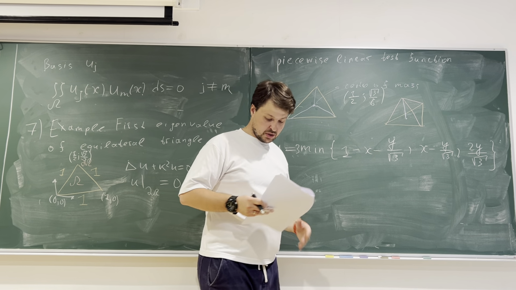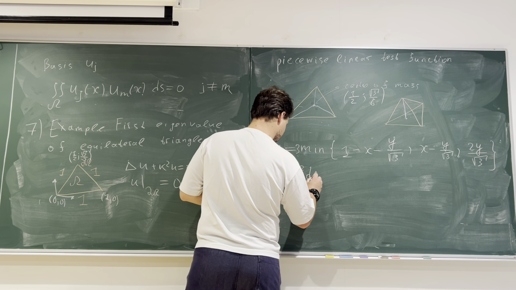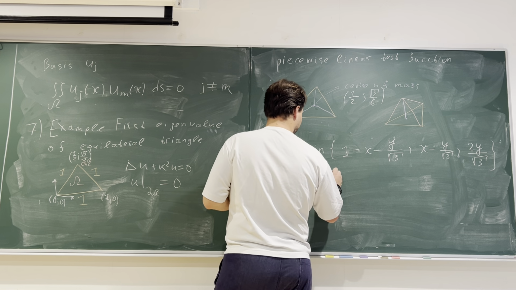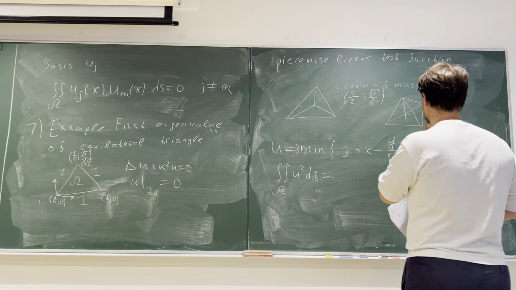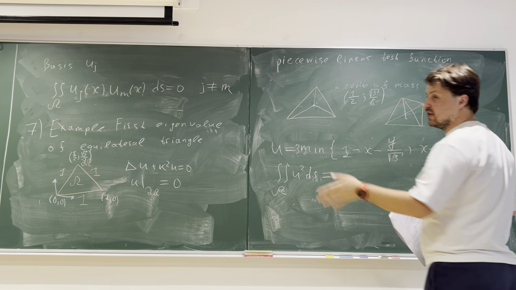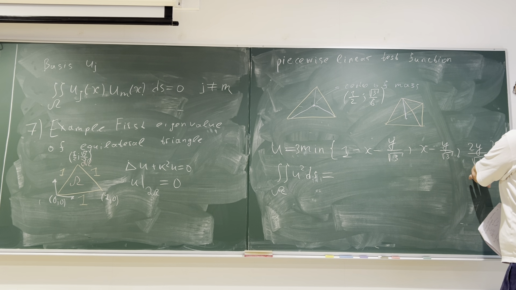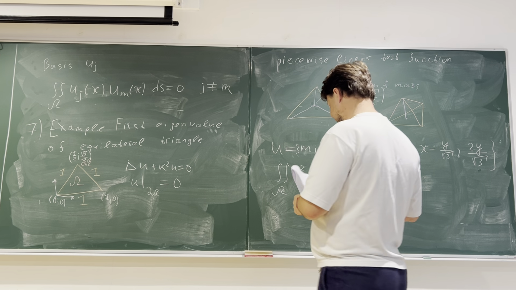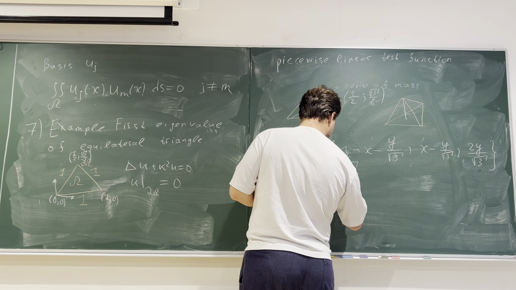So what do we need to compute? I will skip the computation, but we can take only this area, everything is symmetrical, we can take the smaller triangle and integrate this function over this triangle, like a double integral. And when we do it carefully, we get the following analytic result.